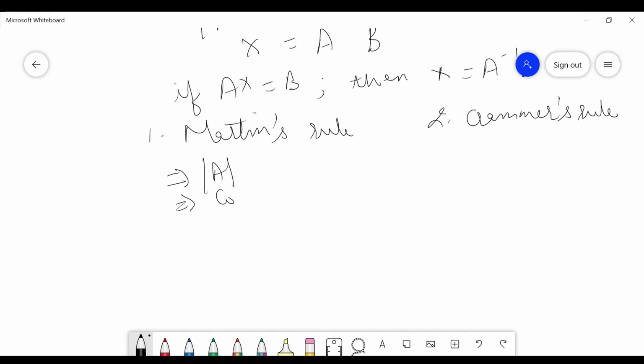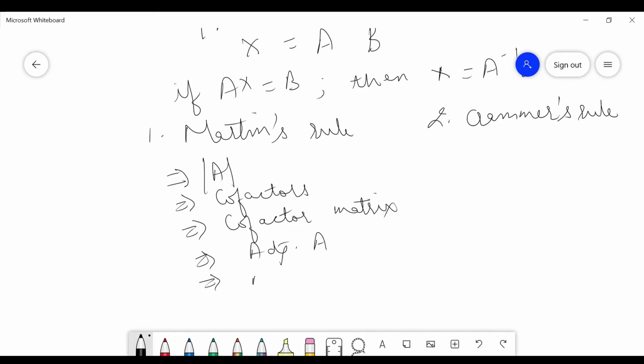Second, we have to calculate cofactors. Third, the cofactor matrix is framed. Fourth, the adjoint is calculated. And fifth, the inverse is calculated by dividing the adjoint by the determinant. Today we are going to cover this Martin's rule.